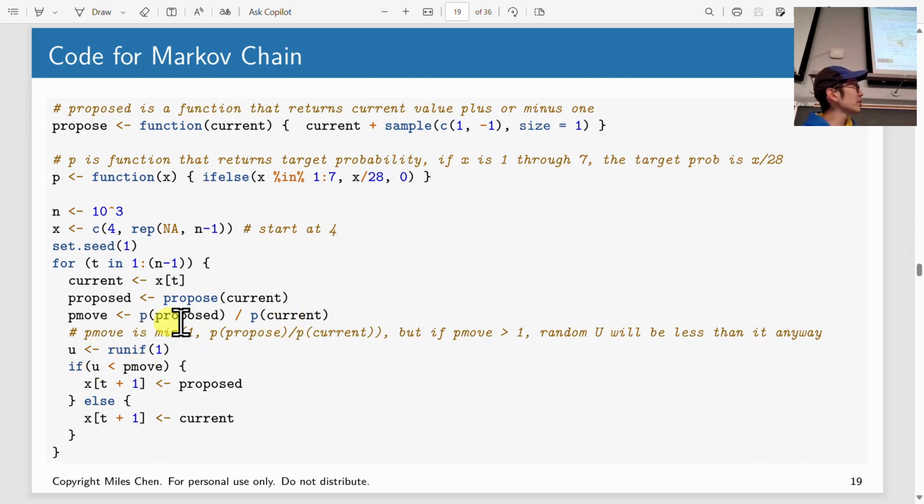If u is less than the p move, I take the proposed value and set it as the next value, x at time t +1. If not, I keep my current value and plug it in for x at time t +1. Then t increments to the next value, and we let this run.